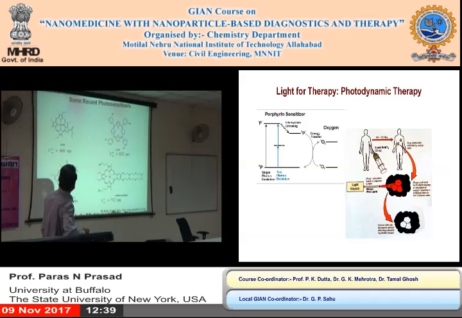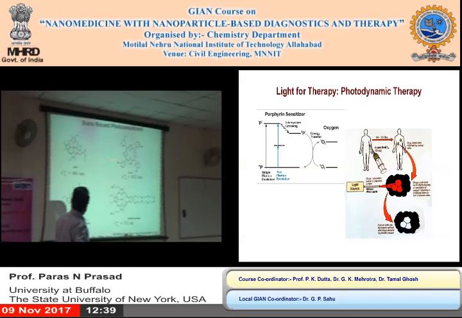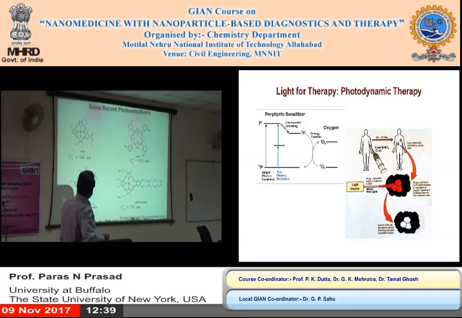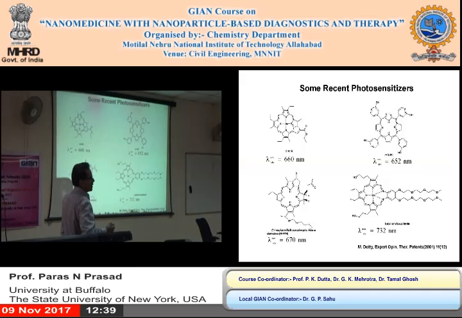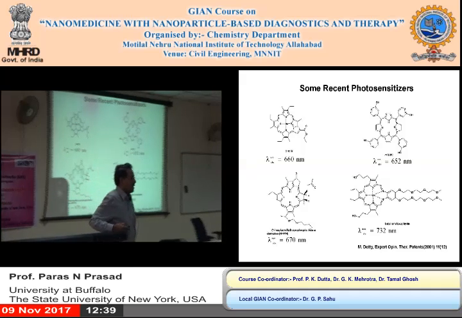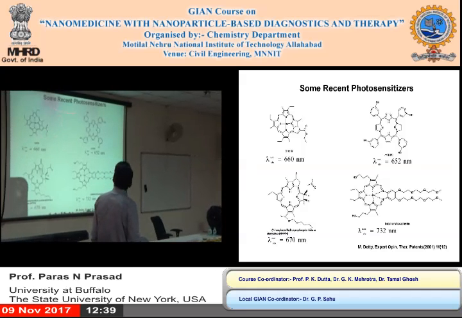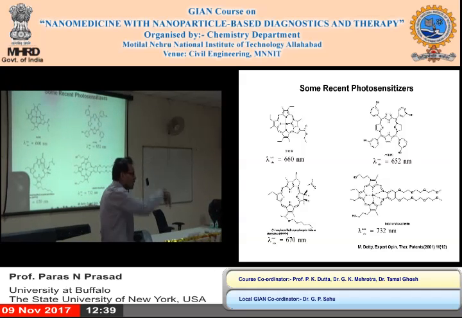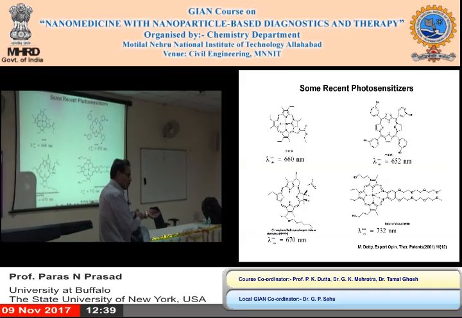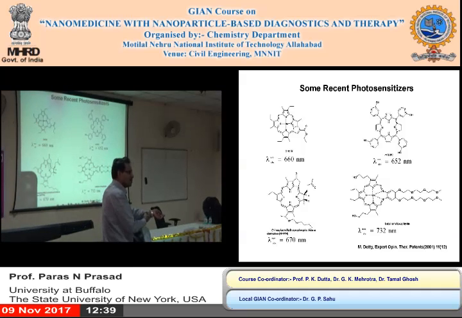Okay, so now there are many different kinds of sensitizers being made, but they're all fused ring. So one of the challenges is how you can activate this therapy, photodynamic therapy, at a longer wavelength, which can penetrate deep inside. Otherwise, you can only treat superficial skin cancer.